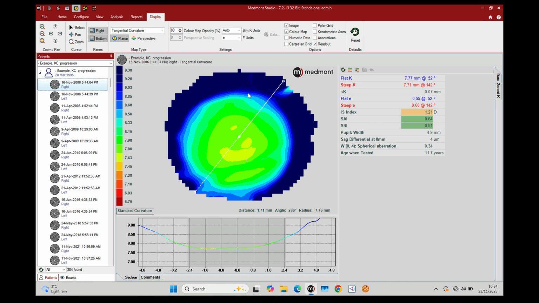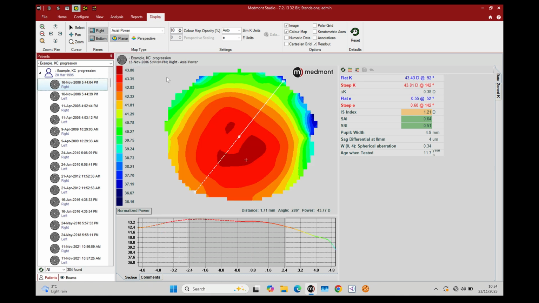And when we look at the corneal profile in tangential, again we've got a fixed scale here, so we can see that the cornea is falling in the middle of this scale. If we then go to a normalized scale, so we're tailoring the scale to see the cornea, we can see that there's a little bit of inferior displacement. It's pretty spherical. You can see that the contours are pretty spherical.